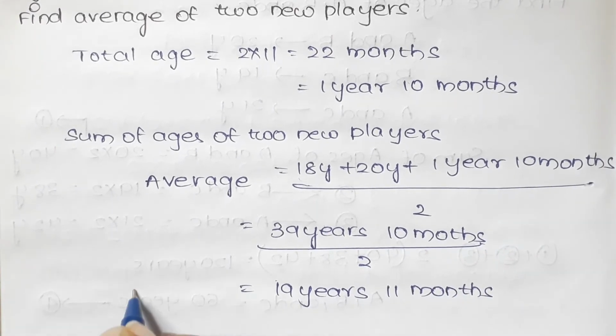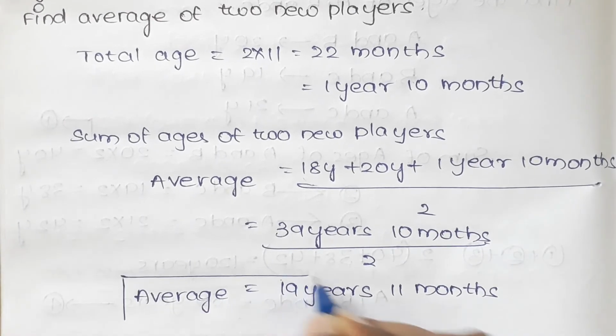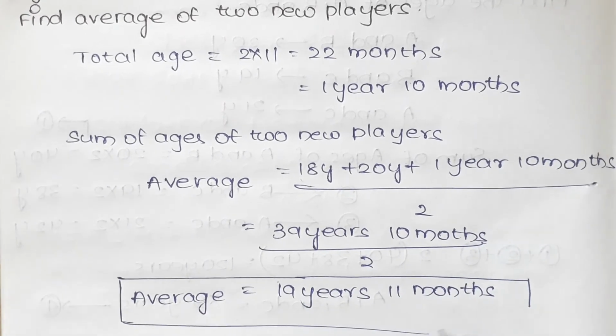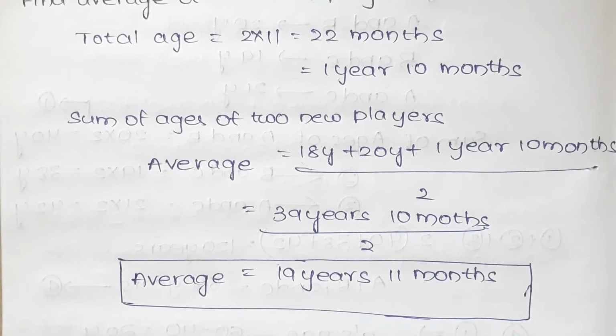This is the required average for the 2 new players. And this is about this model.